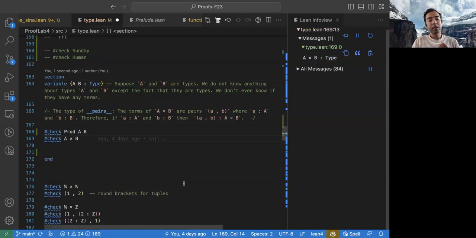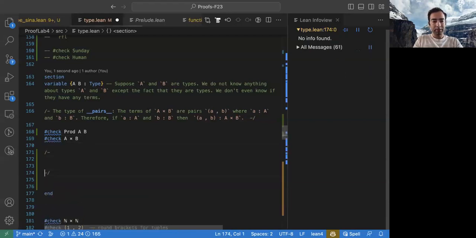So once we introduce a type, we should also tell what are its terms, what are its elements, essentially. So maybe I do a schematic table here or a line. If I know A is a type and I know B is a type, then I construct this new type. And now I'm curious how to construct terms of this type.